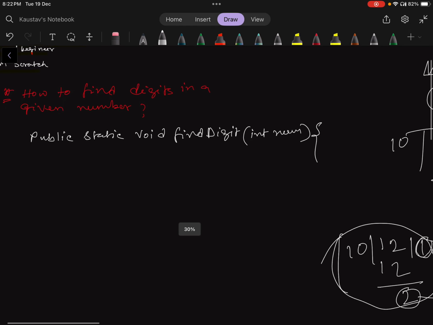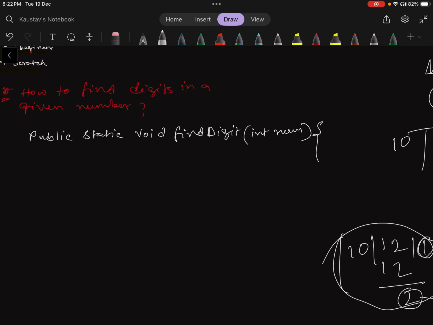Now how we can do this in programming is very simple. Let's say we take a variable called digits, which we will initialize to 0. Then we can take a while loop.